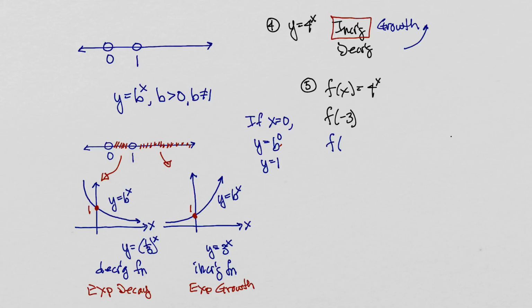So this is f of open parentheses equals 4 to the open parentheses. Now what we're going to put in here is the negative 3. I'll put a negative 3 here and a negative 3 here. So we will get f of negative 3 equals 4 to the negative 3. But now let's eliminate that negative exponent. This is 1 over 4 to the positive 3, which is 1 over 64.